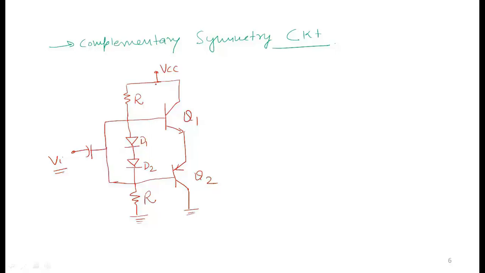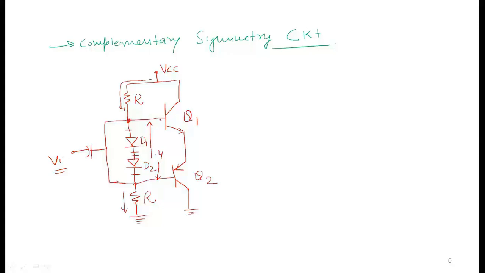So when the current flows through this branch of the circuit, we can see that the voltage drop across these two diodes is 1.4 volt, with 0.7 volt drop across each of the diodes. This voltage drop 0.7 volt, this voltage drop 0.7 volt, hence total 1.4 volt.